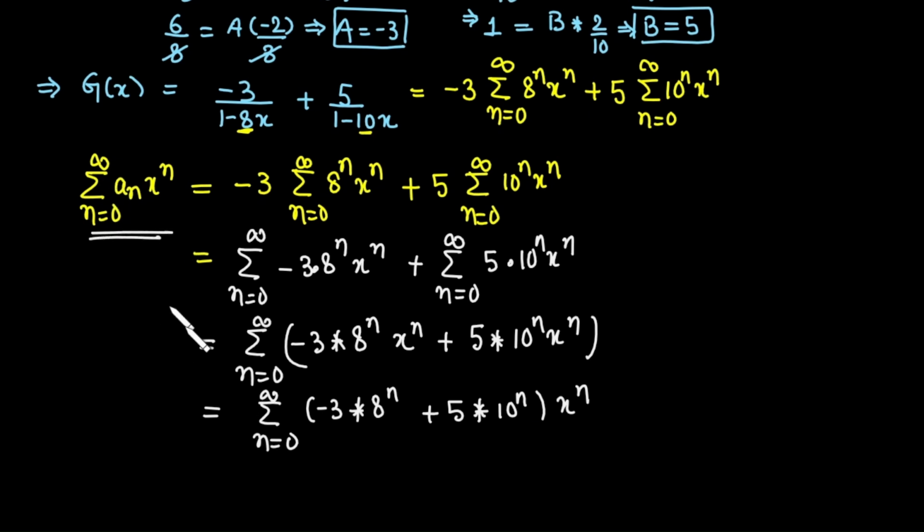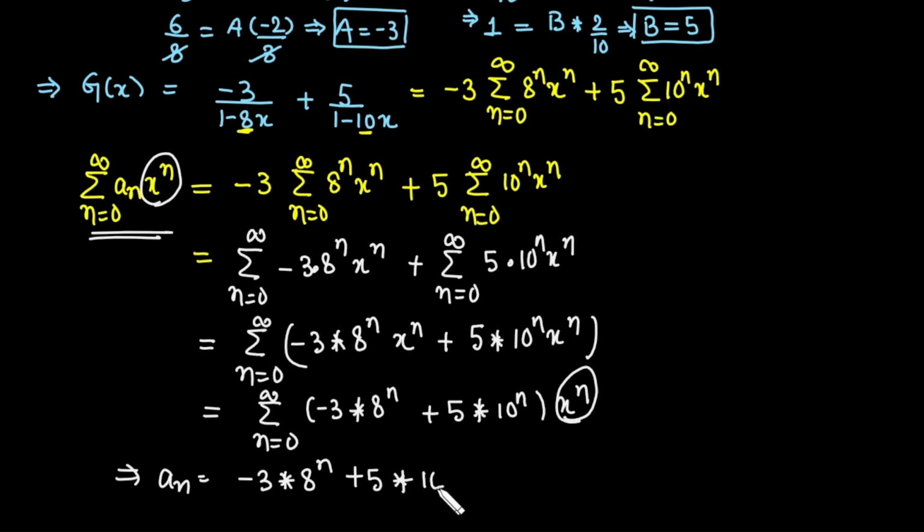Summation n start from 0 till infinity, x raised to power n. Now what is the value of a_n in this case? So final value from here, a_n is equal to minus 3 into 8 raised to power n plus 5 times 10 raised to power n. We can directly extract this value from here.